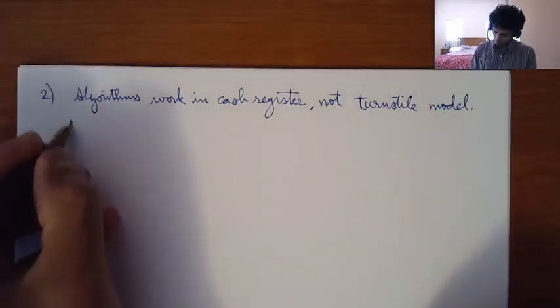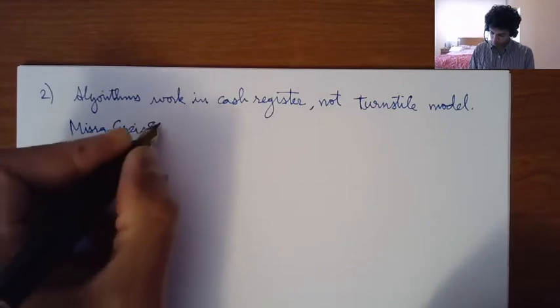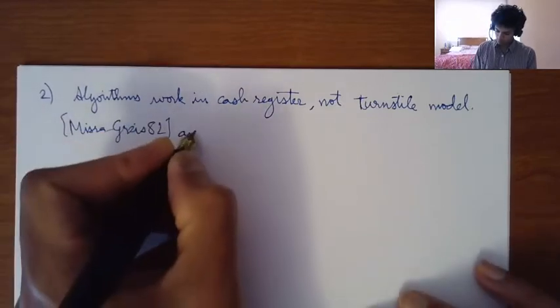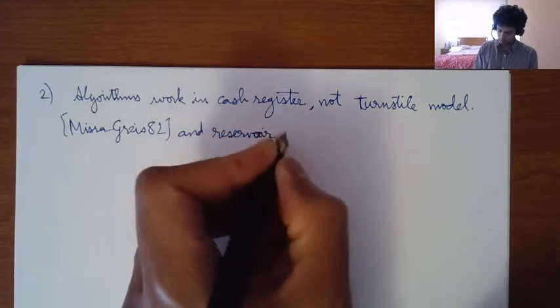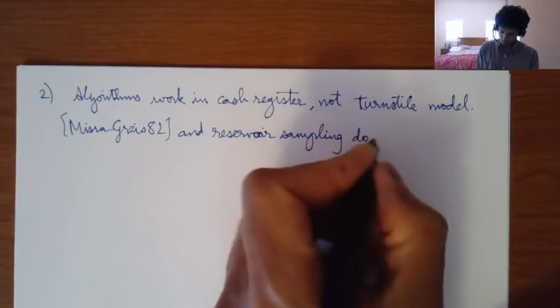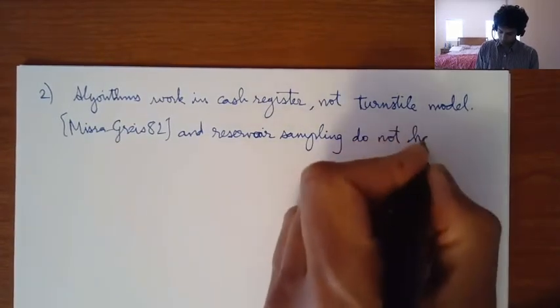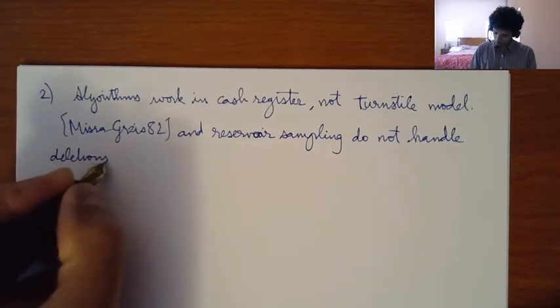So Misra-Gries, which of course I have not described, and the reservoir sampling do not handle deletions.